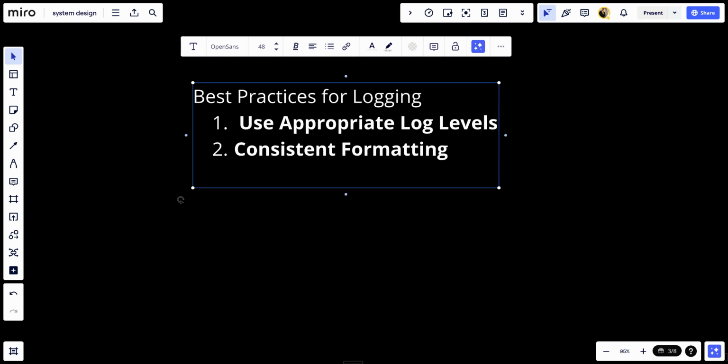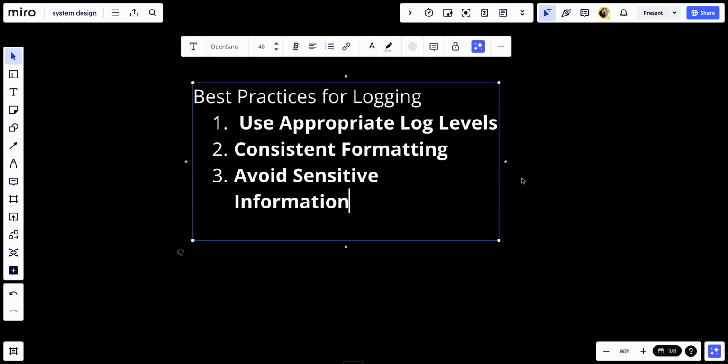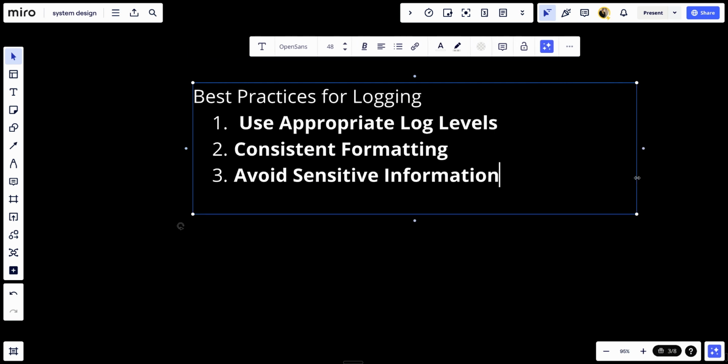Ensure log messages are consistently formatted to streamline analysis and monitoring. Number three, avoid sensitive information. Do not log sensitive information such as passwords, personally identifiable information, or financial data to protect user privacy and comply with regulations.